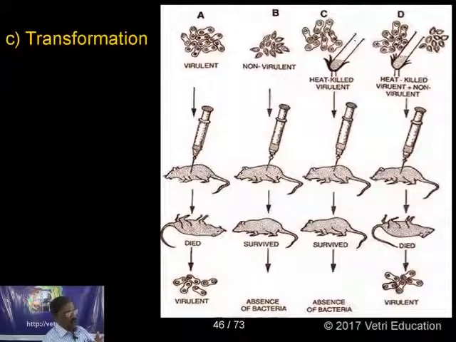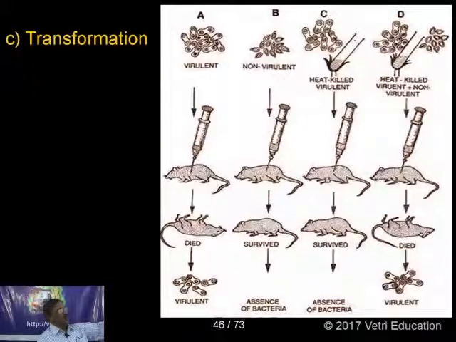They combined both and injected into the mice. It's so surprising, the mice died. So they observed again, and they took samples of the blood and studied them. In the blood, they found virulent bacteria. Very interesting.